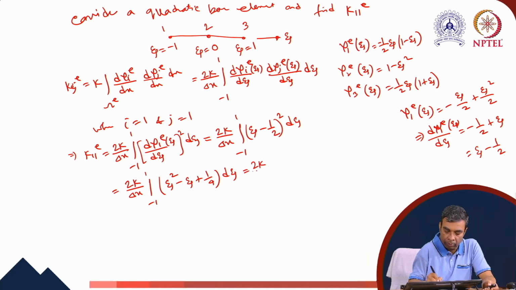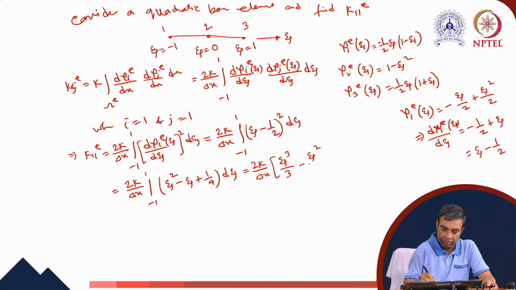After integration, we get xi cube by 3 minus xi square by 2 plus xi by 4 from minus 1 to 1.